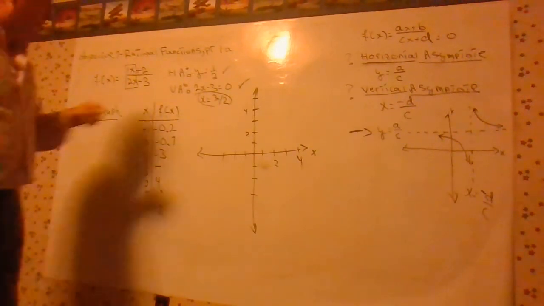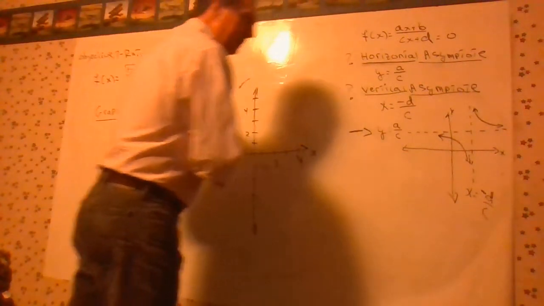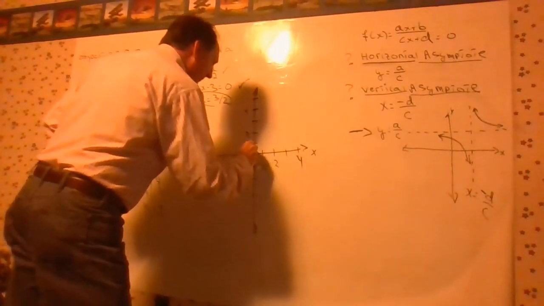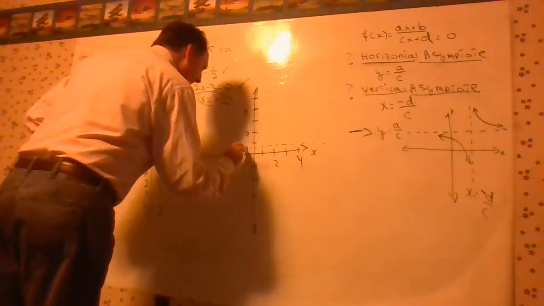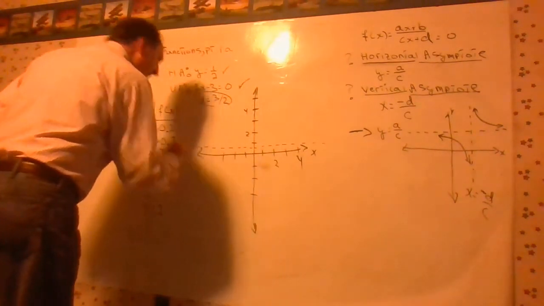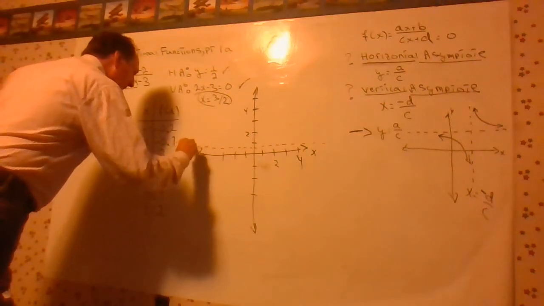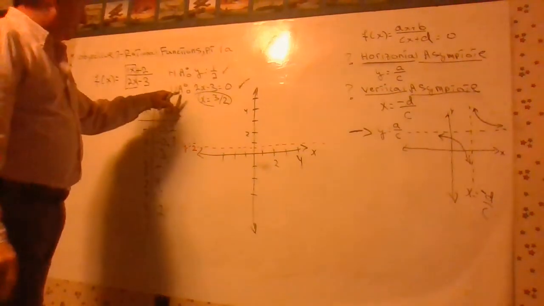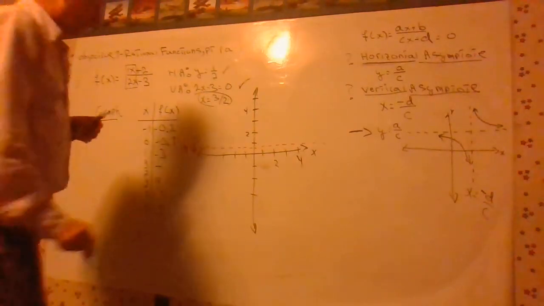So we have the asymptotes, y equals 1/2. That's right here. And we have the vertical asymptote, x equals 1.5, x equals 3/2.